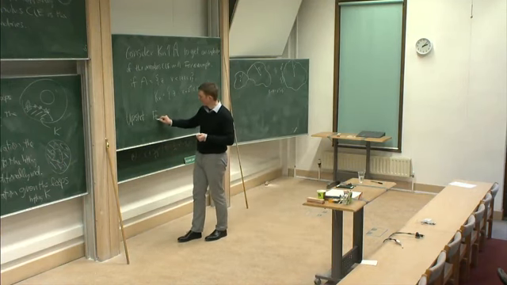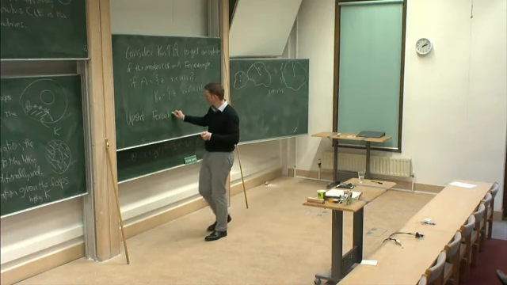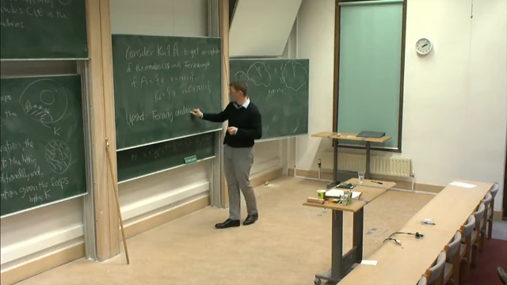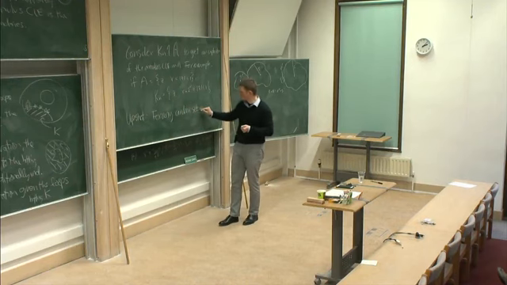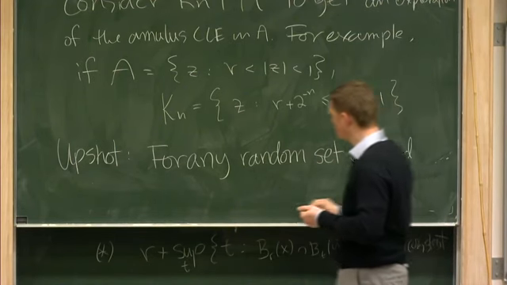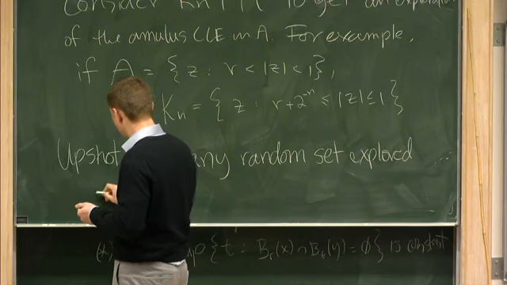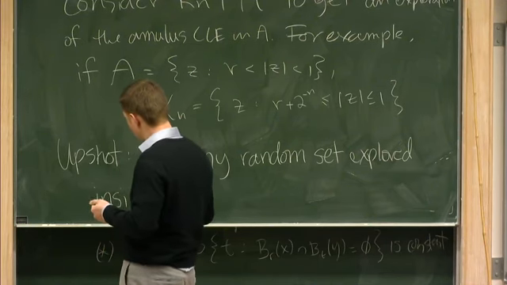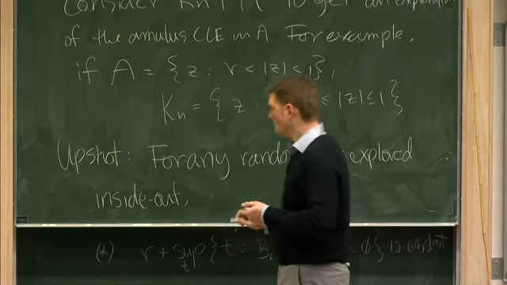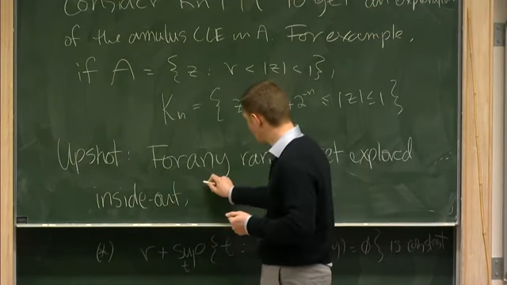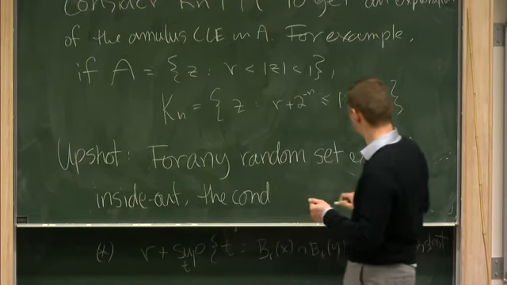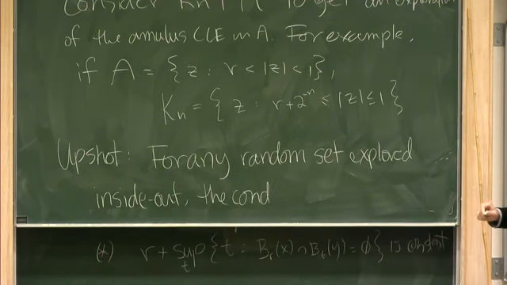So for any random set explored inside out, I should use a different letter than K because it's playing a different role.